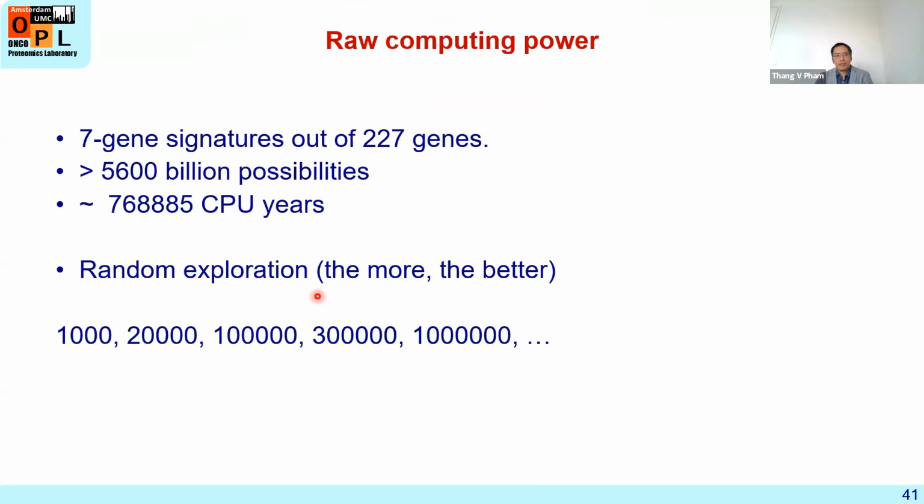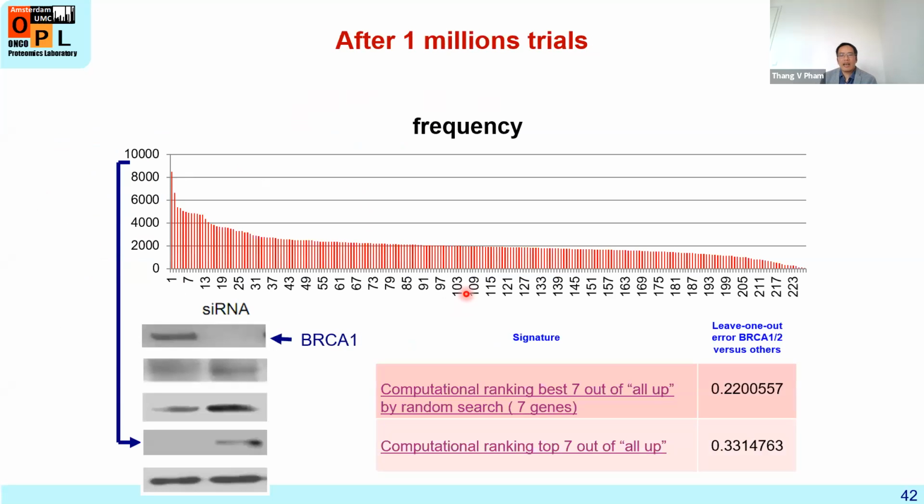If we just do that brute force with 7-gene signatures out of 200 genes, it would be impossible. So it's just a matter of random sampling. And after 1 million trials, to predict BRCA in breast cancer, we can see that one of the top-ranking genes is validated in the literature. So it's really nice.